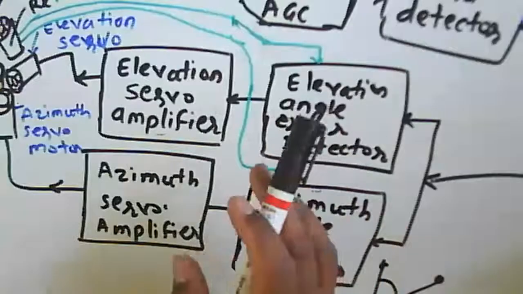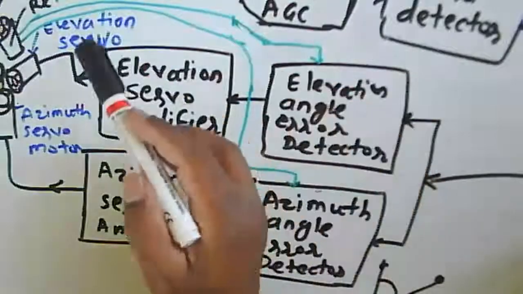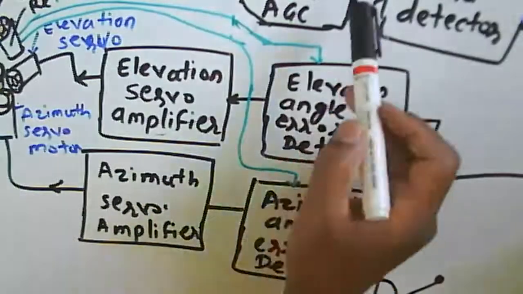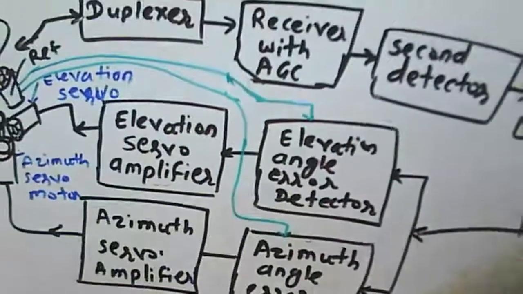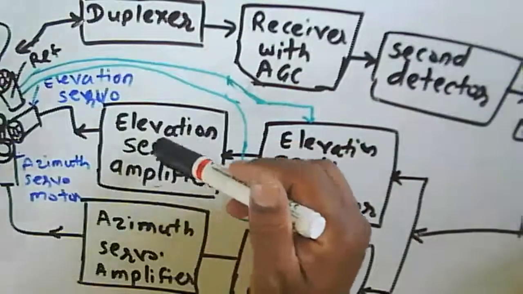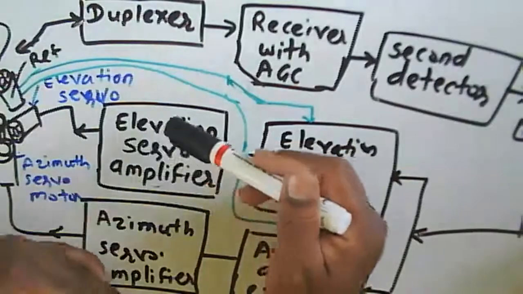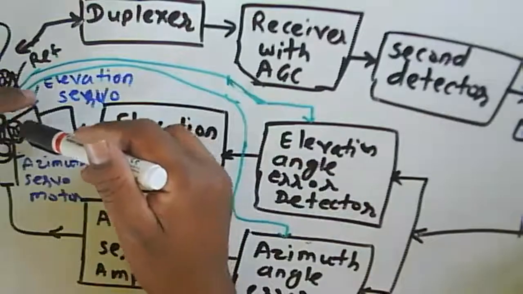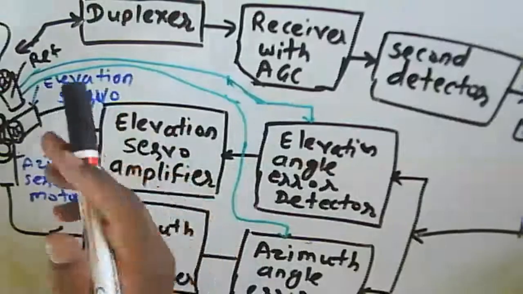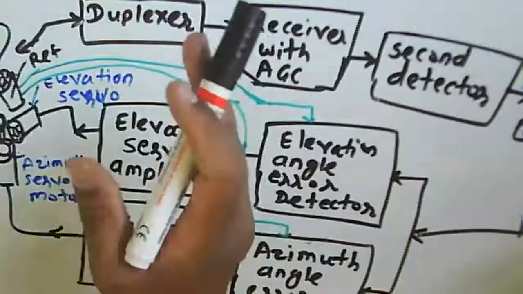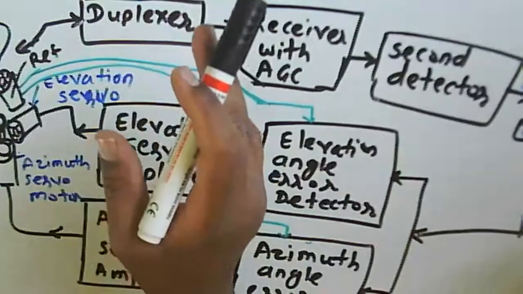Now these are about a conical scanning tracking radar, and there is one more function. Here these are the amplifiers. Whatever errors are there are provided to the motor, so that the rotation can be controlled toward the given direction.